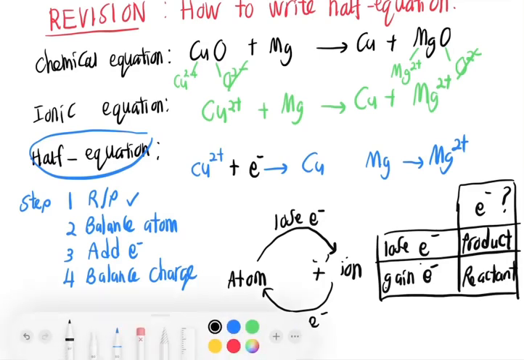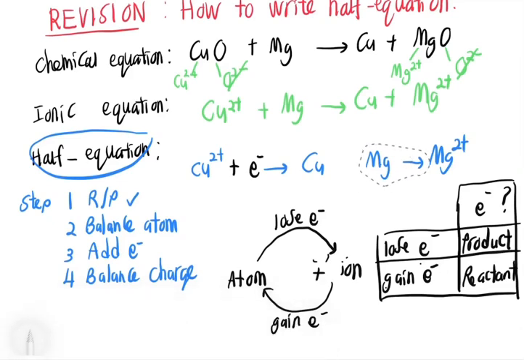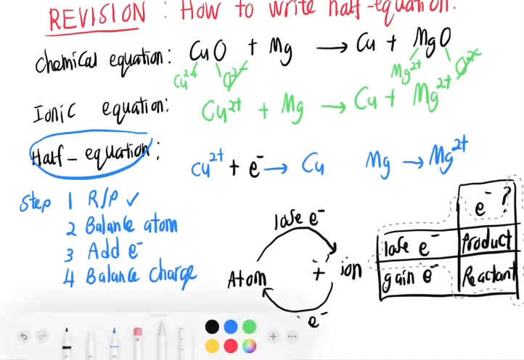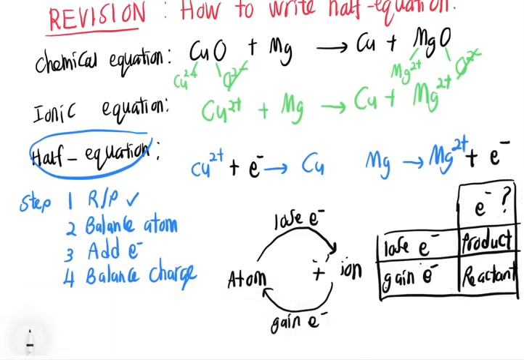And when Mg, which is neutral, becomes positive ion by losing electron, you write the electron in the product. So to put simply, plus electron.